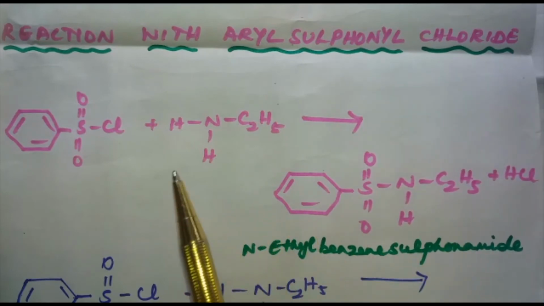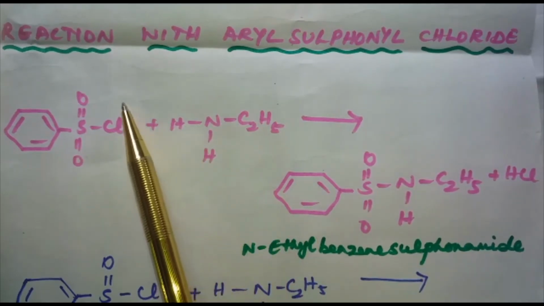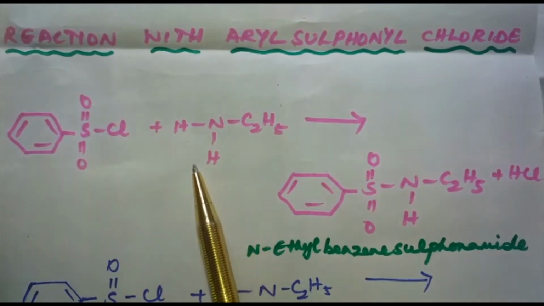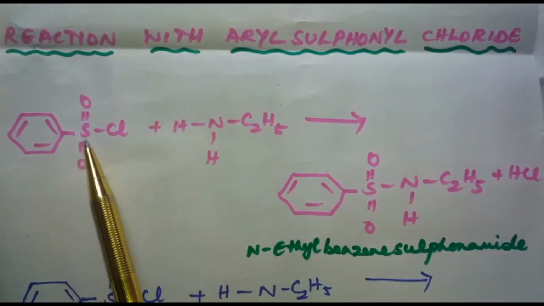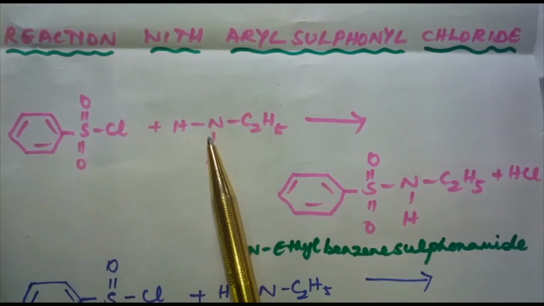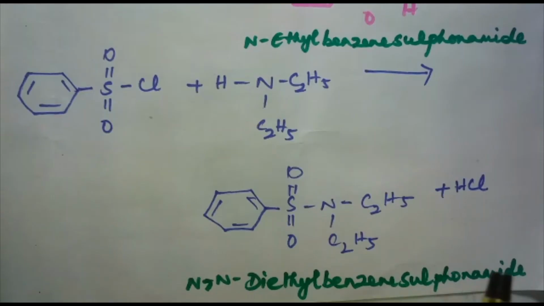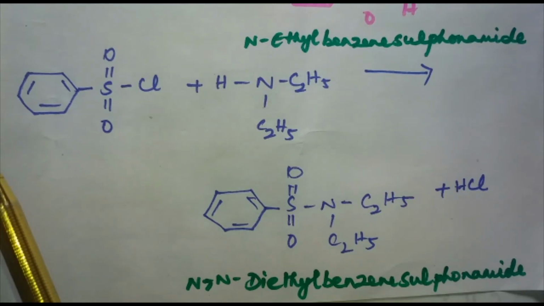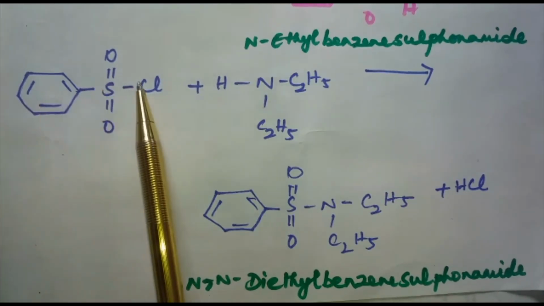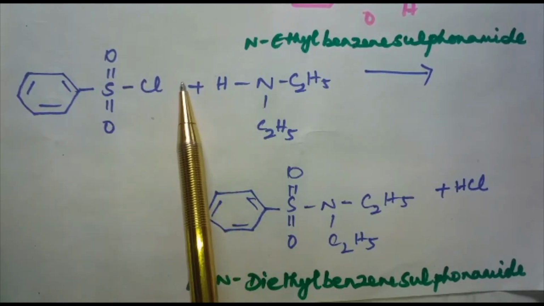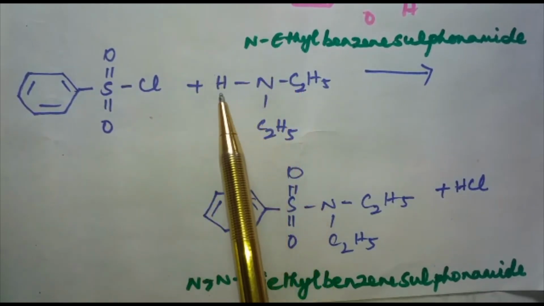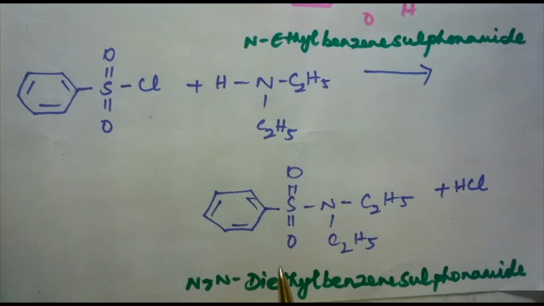Here the HCl is removed, so we have the compound C6H5SO2NHC2H5 plus HCl. One more reaction: C6H5SO2Cl plus (C2H5)2NH gives N,N-diethyl benzene sulfonamide.